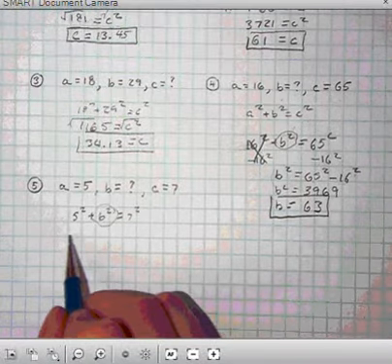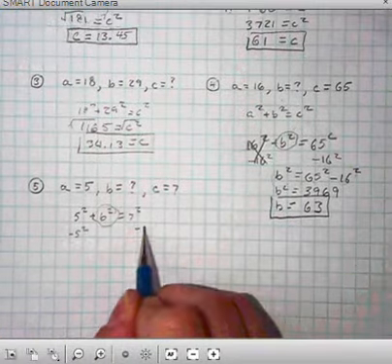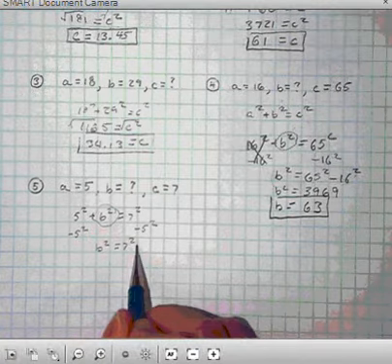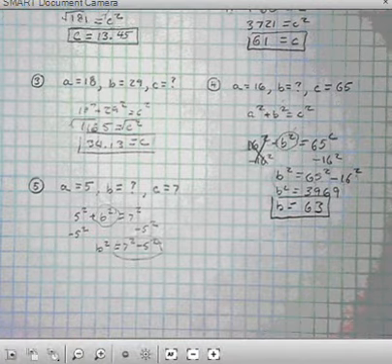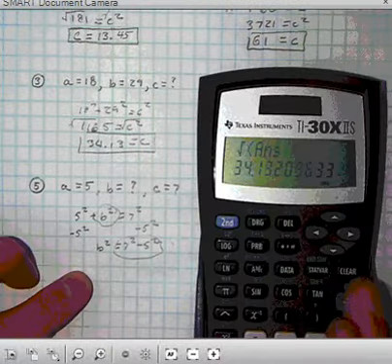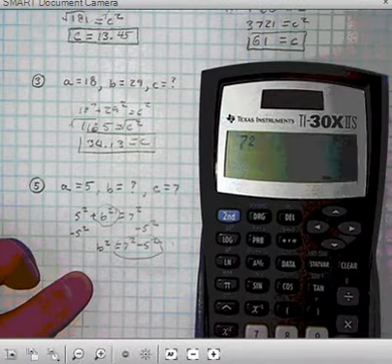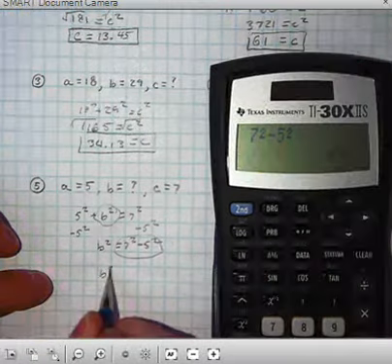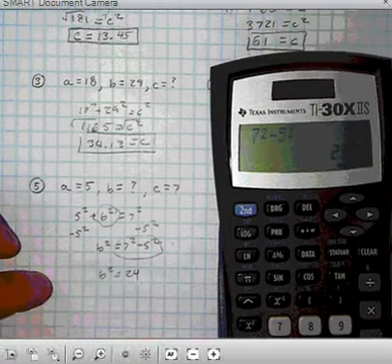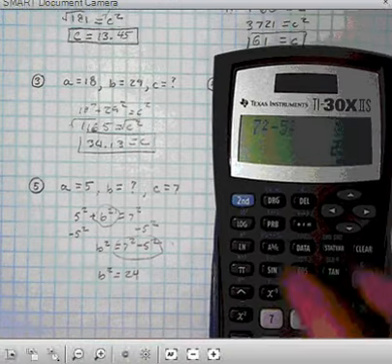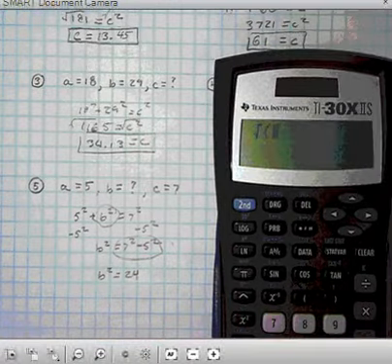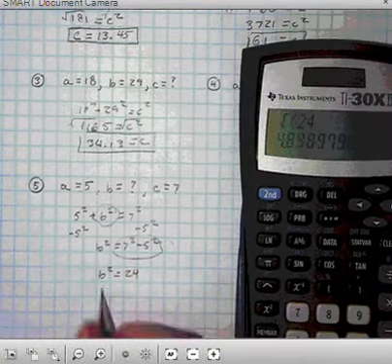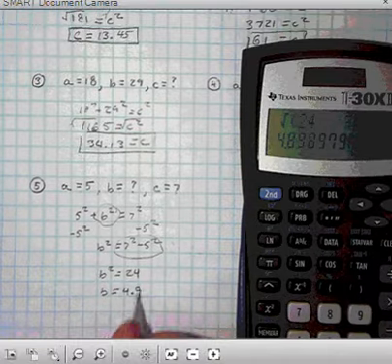So I'm just going to subtract my 5 squared from both sides. So then B squared equals 7 squared minus 5 squared. That's what I'm going to put into my calculator. So in my calculator, I'll do 7 squared minus 5 squared. Gives me 24. So B squared equals 24. And now I have to find the square root of 24, which gives me 4.89, which is really close to 4.9.